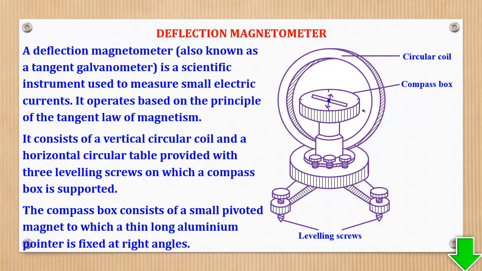Initially, before you feed in current, the field is only due to this magnet, so you shall have a horizontal component. When you feed in a current, current will be passing through the coil, and a magnetic field will be generated due to the coil.